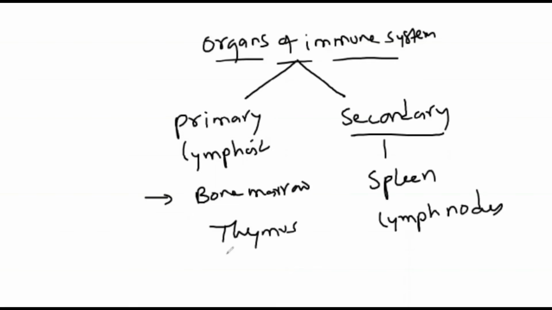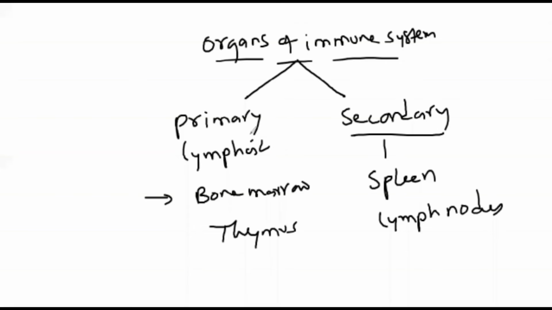All come under secondary lymphoid organs. Now here, what are these organs? How they are involved in the development of immunocompetence, we'll see one by one.